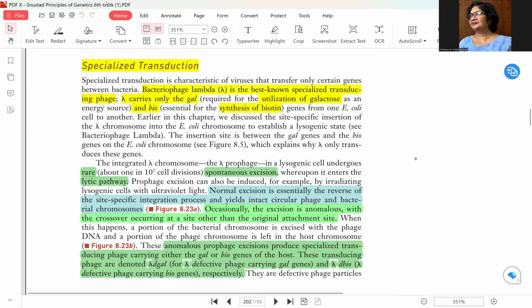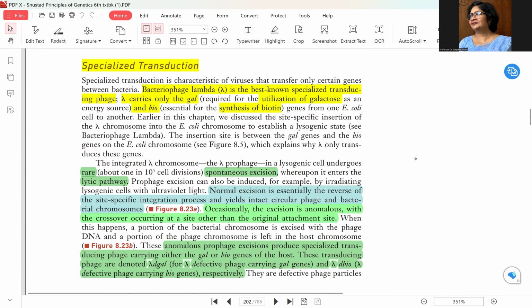That is, if the lambda DNA integrates between the biotin gene, which synthesizes the vitamin biotin, and the galactose gene, which enables the bacteria to utilize galactose, then if it makes a mistake, the viral DNA can carry either the galactose gene or the biotin gene, depending on which end did the recombination process, and as a result, which type of bacterial gene was carried.